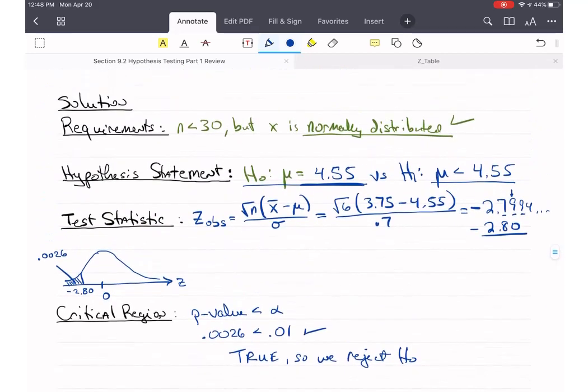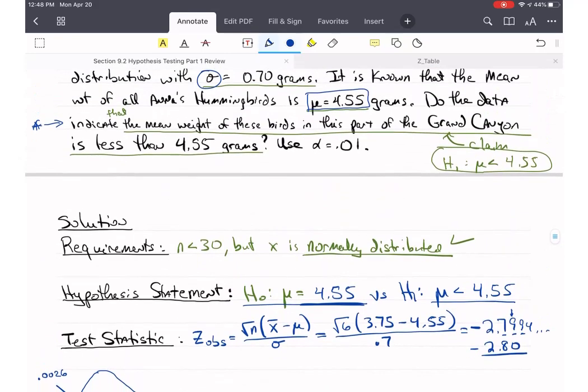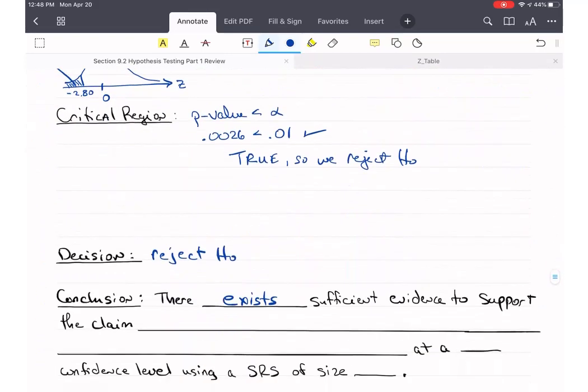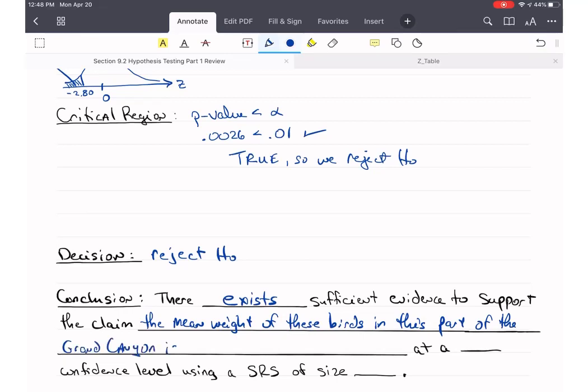Now we come all the way back up here, and we see the mean weight of these birds in this part of the Grand Canyon is less than 4.55 grams.